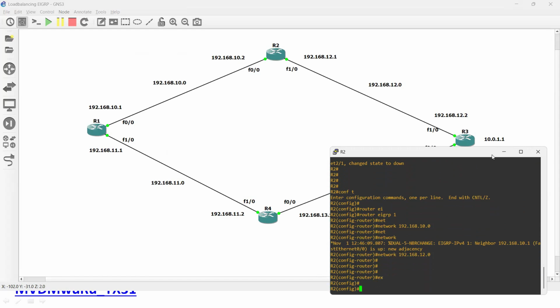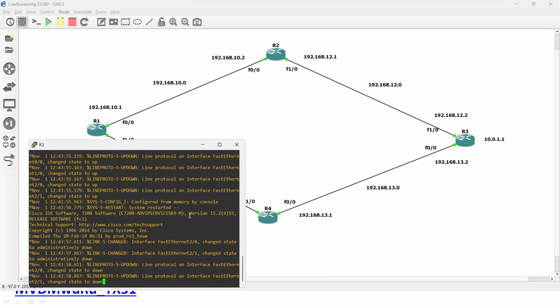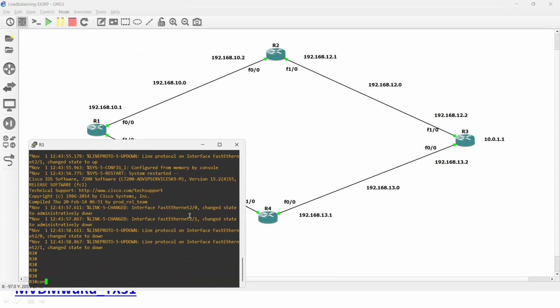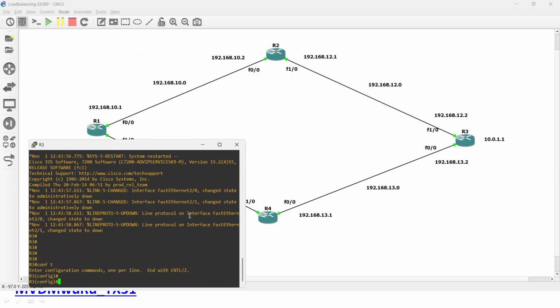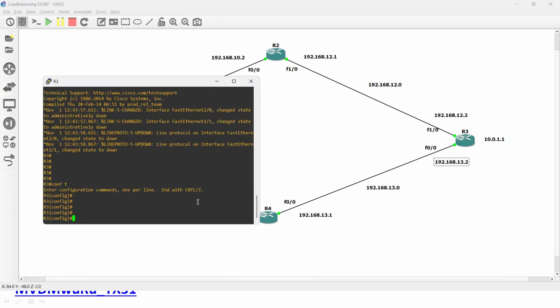Let's go to router number 3 and also configure EIGRP. As we can see, there are three networks on router number 3: 192.168.12.2, 10.0.1.0, and 192.168.13.2.